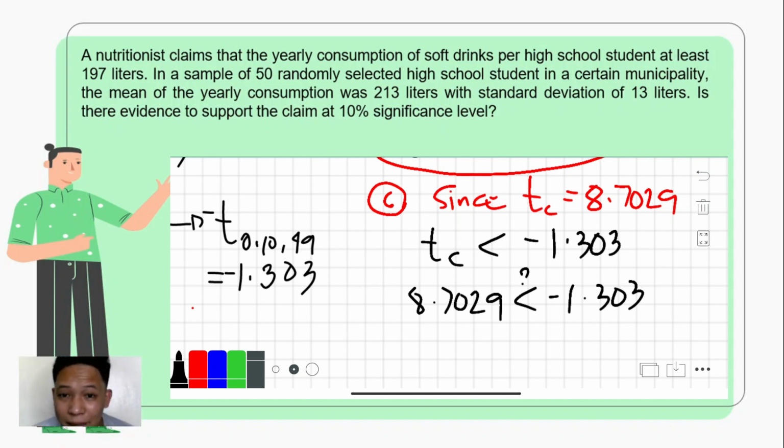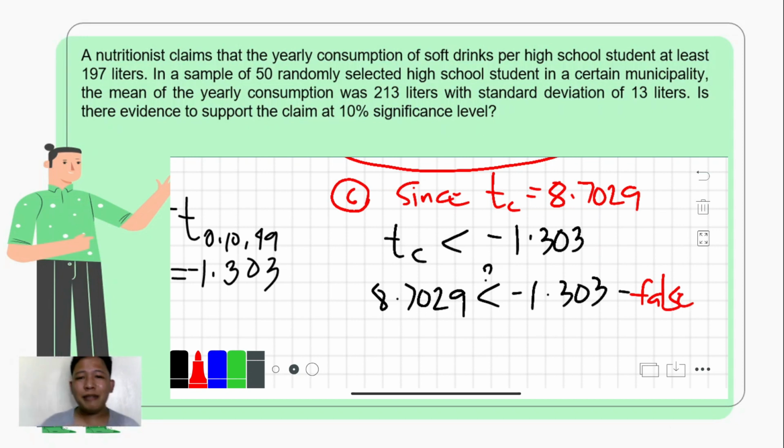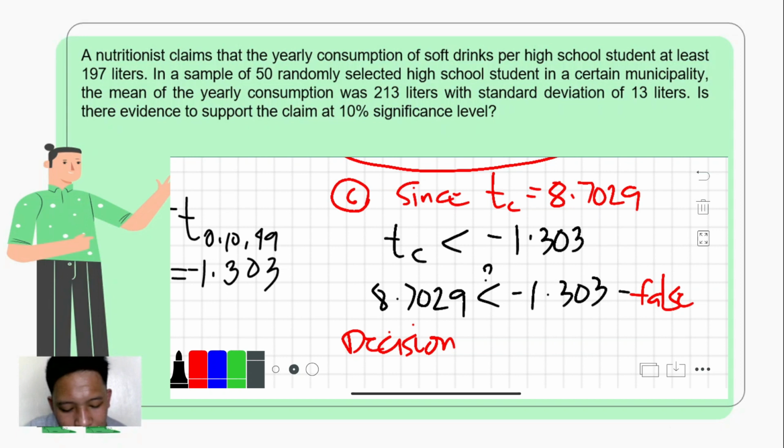Is this correct? This is a false statement. So the statement is false, which means we cannot reject our H0. So our decision is for us to accept our null hypothesis.